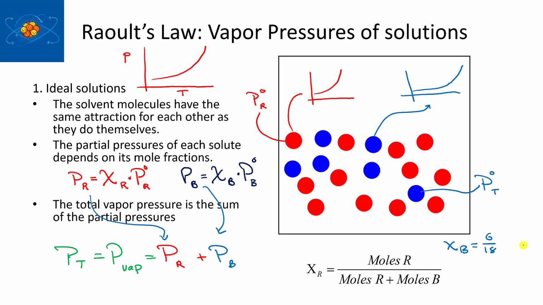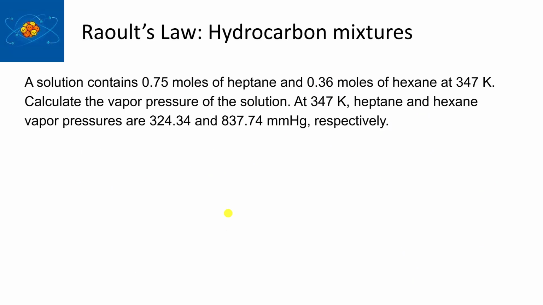And then the mole fraction for the red would be equal to 12 over 18, or 2/3, 0.66. Okay. So in essence, you know the moles of each, you add them together and you divide each component by the total number of moles, and that gives you the mole fractions of each. So here we have a mixture of hydrocarbons. Now hydrocarbons, because they're all nonpolar, hydrocarbon mixtures behave as ideal solutions.